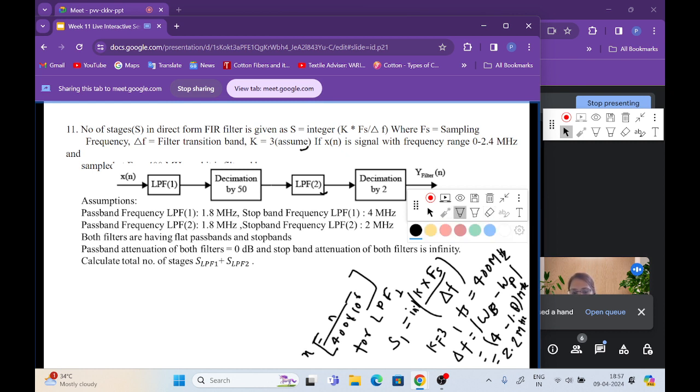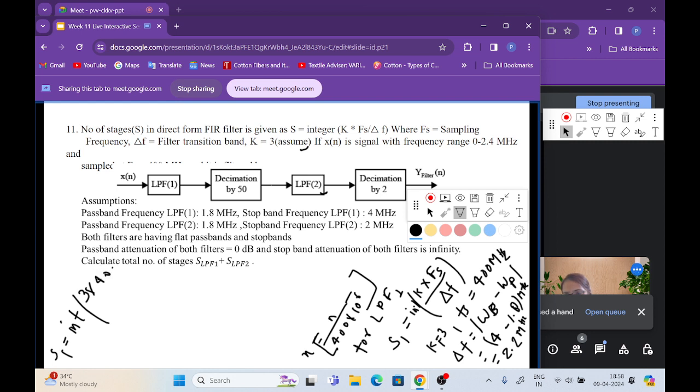Okay, so the transition bandwidth we have got is 2.2 megahertz. So now, as we know S1, here we need to put all these values. So integer of k is given as 3, let's assume k is equal to 3, and Fs is the sampling frequency, given as 400 megahertz.